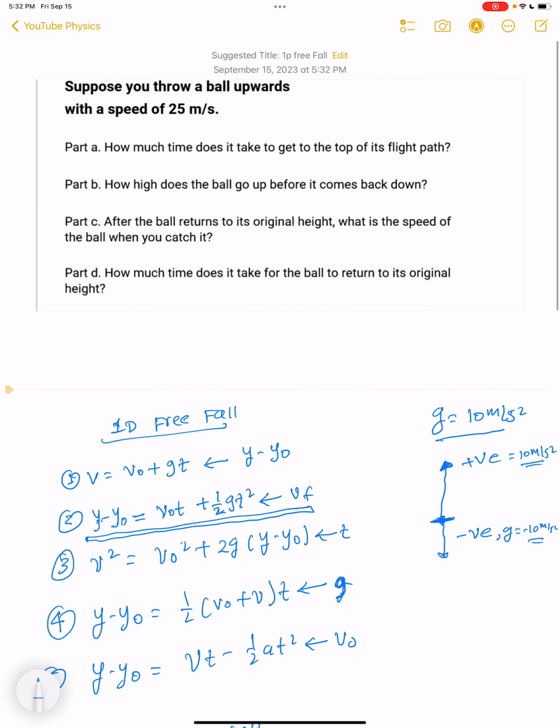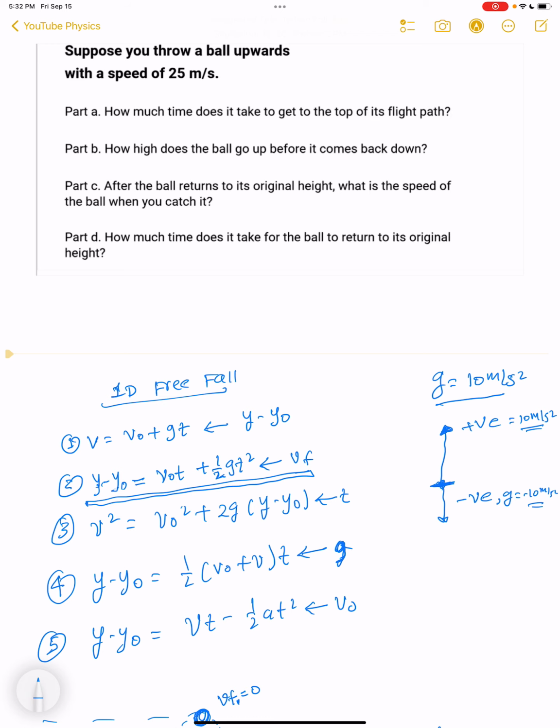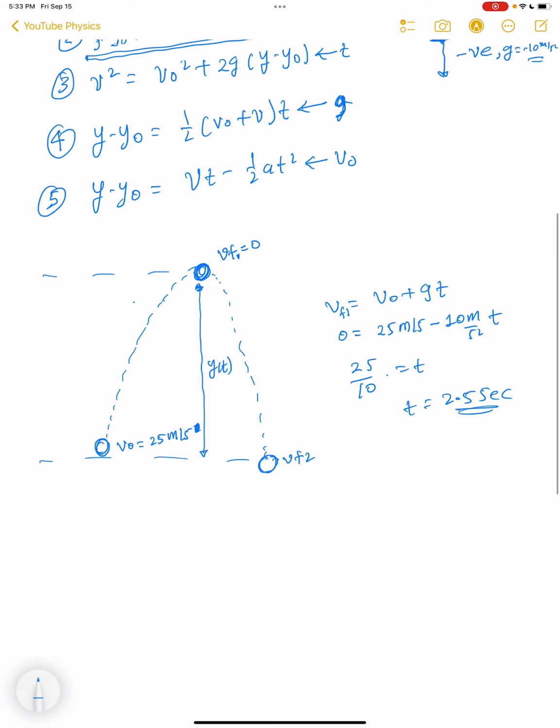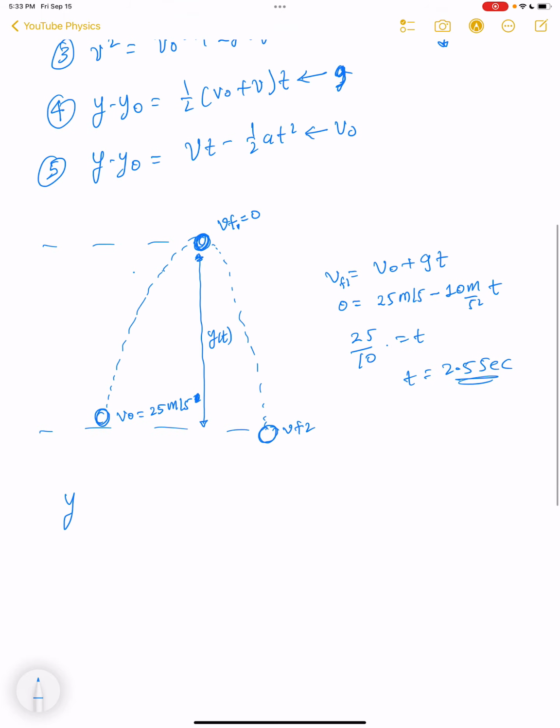The next question is asking you, how high does the ball go up before it comes back down? So that's asking for this height here, y of t. Using the second equation, you can do y of t minus y naught equals v initial t plus 1/2 gt squared. y naught is 0 because you're starting from the ground.